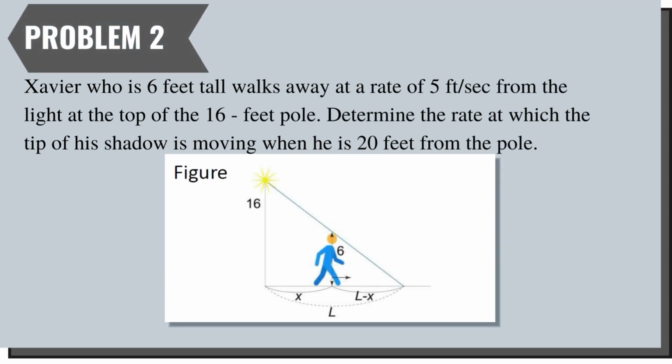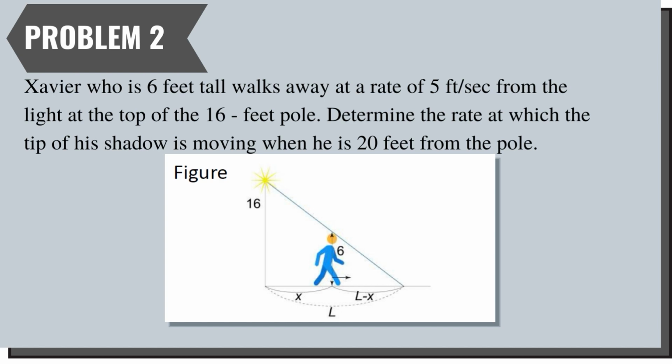For the second example, Xavier, who is 6 feet tall, walks away at a rate of 5 feet per second from the light at the top of the 16 feet pole. Determine the rate at which the tip of his shadow is moving when he is 20 feet from the pole.